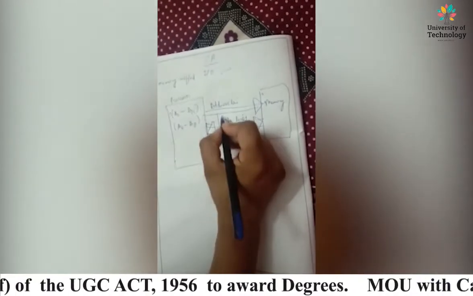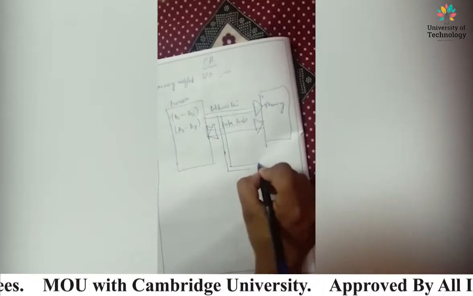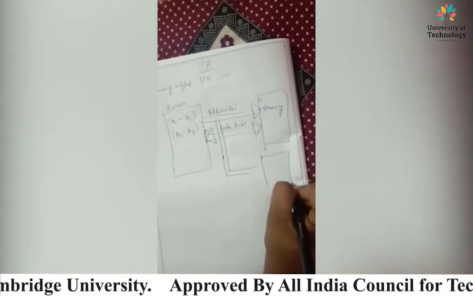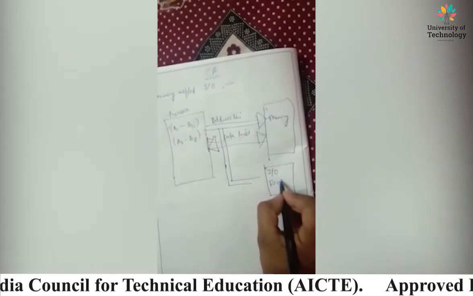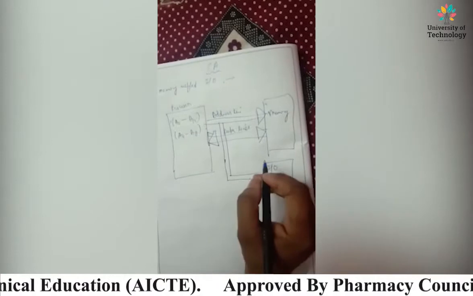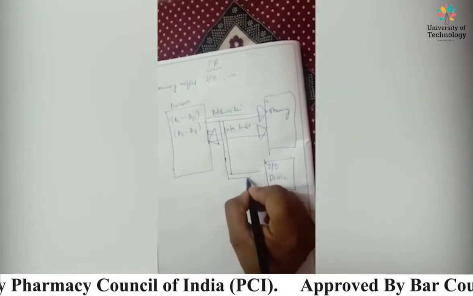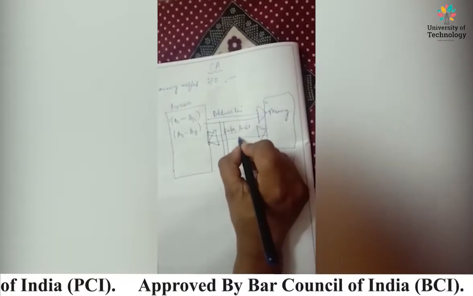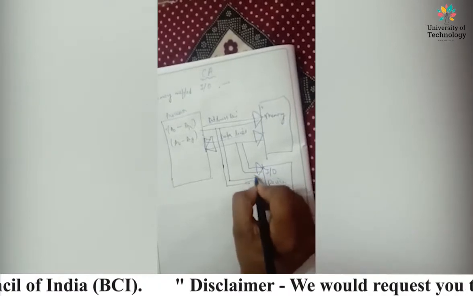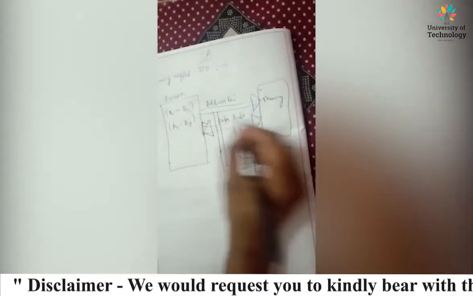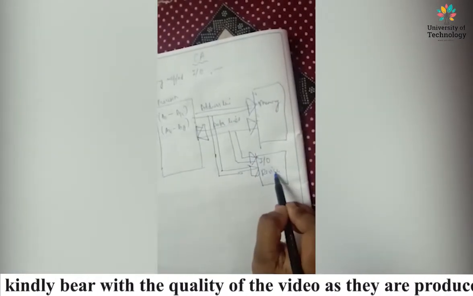And this address line again goes to the input output device. So the processor is connected to memory and the input output device via address line and data lines. Let's write it down. This is the processor, this is memory, this is the input output device.